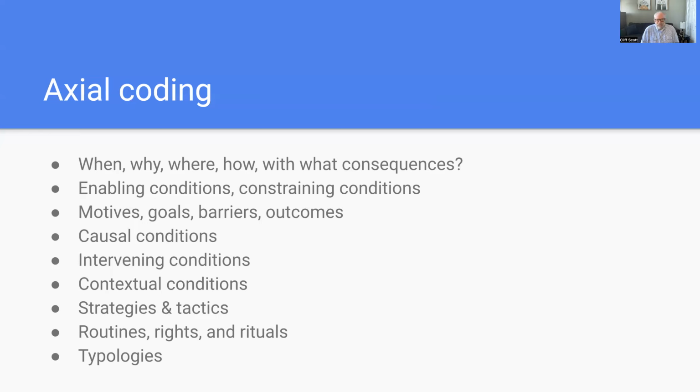Causal conditions, intervening conditions, contextual conditions. So you may find that there is a certain causal pattern, but remember that qualitative research is really about getting into context. That's one of the main potential benefits of qualitative research. And what you may discover is that there's not a stable causal pattern that is true all of the time, but that this causal pattern tends to be the case in this context and in this context, but not in this other context.